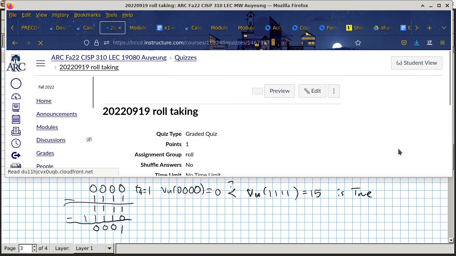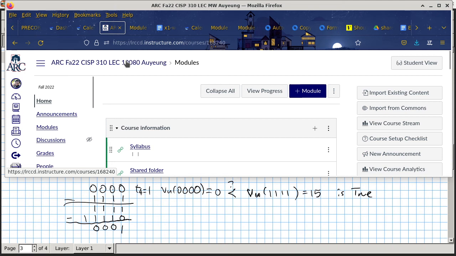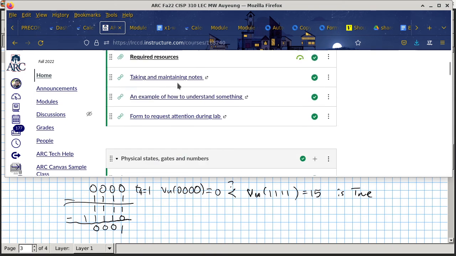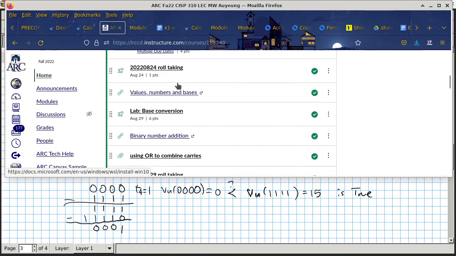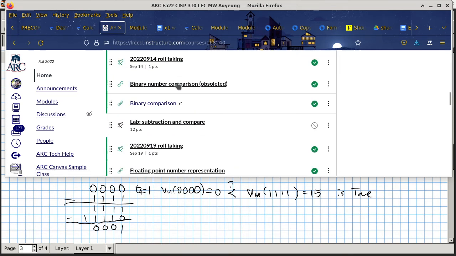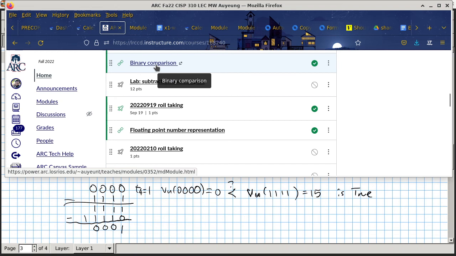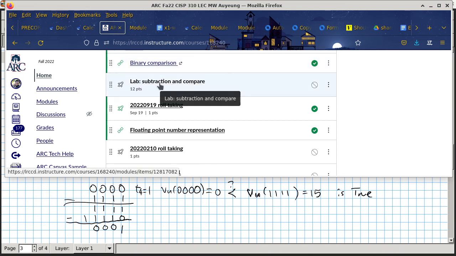So if you refresh your browser, you should be able to see the roll taking activity being below binary comparison. Let me show you where you're supposed to be able to find it. Right here. So this is, from your perspective, right below binary comparison because you cannot see the lab just yet. And the word is overflow, all lowercase.